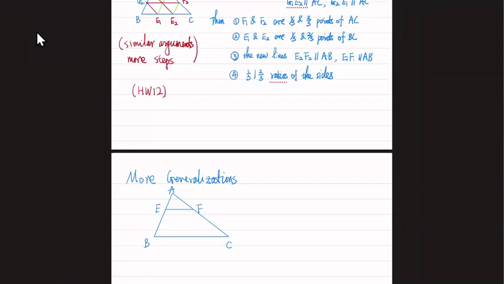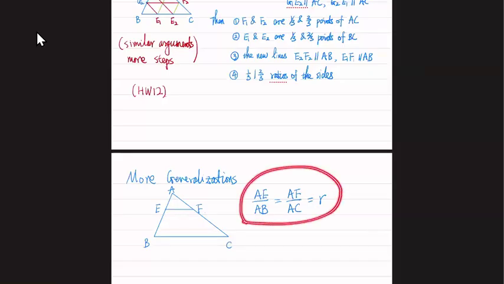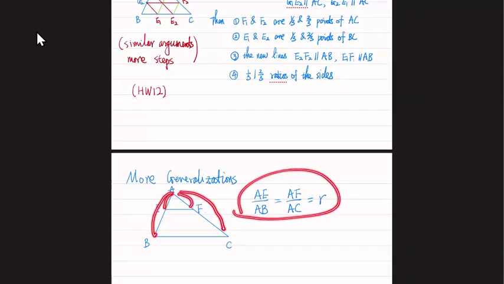The assumption is we pick 2 points on the 2 sides such that these 2 sides have the same ratio. This is the only condition we have.